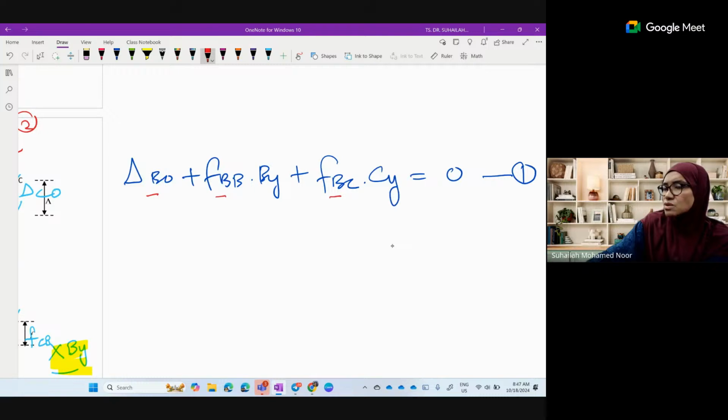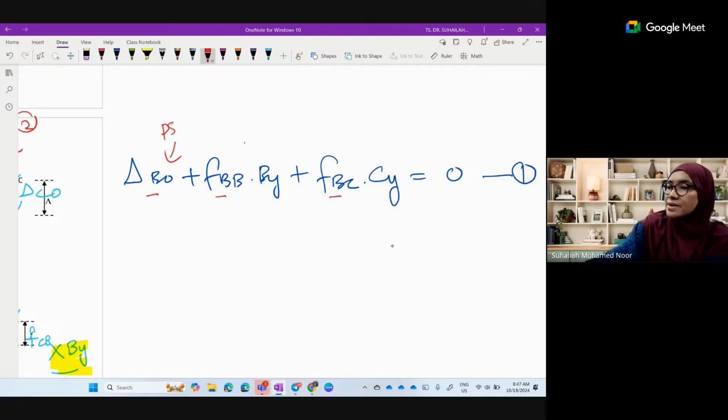Kan? Notation tu dia ada B naught, BB, BC kan? So first notation sama, B, BB, position yang sama, right? Okay, second notation yang kedua tu not B dengan C, right? So yang tu adalah the system. Yang ni primary system. We know that it is primary system from the symbol node that we use.